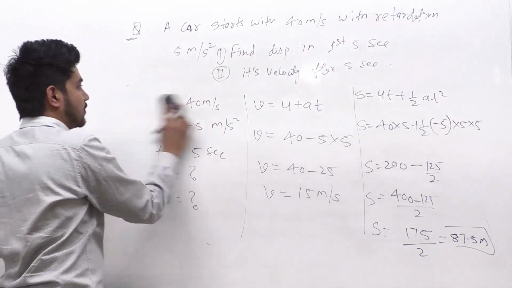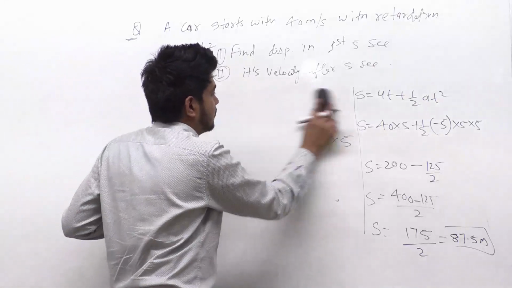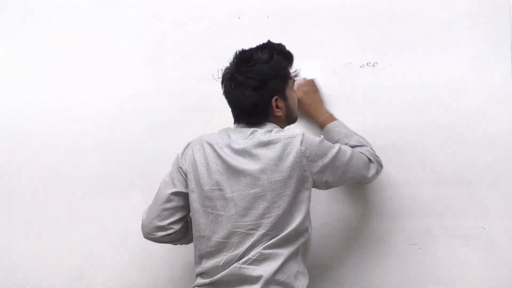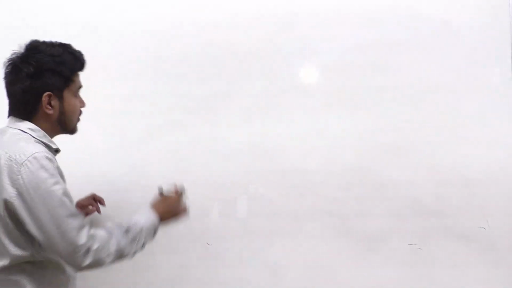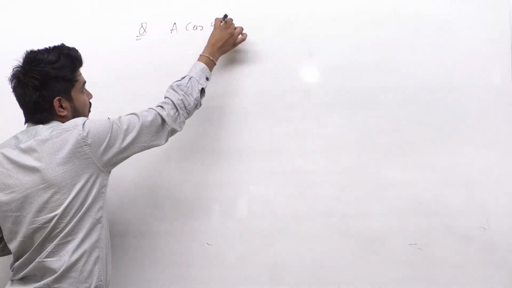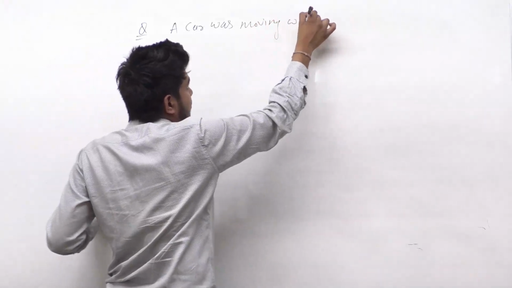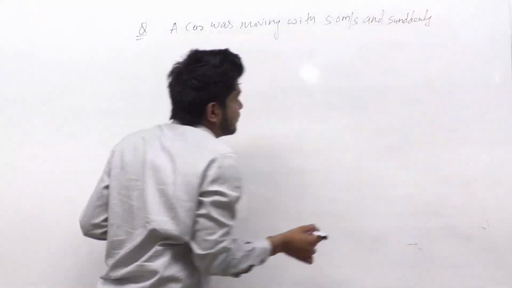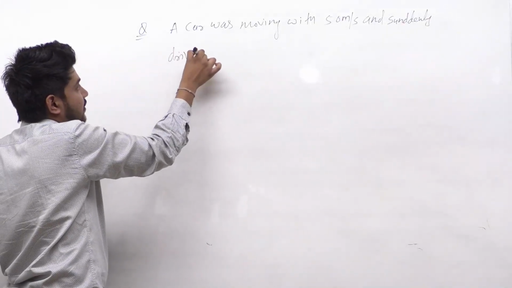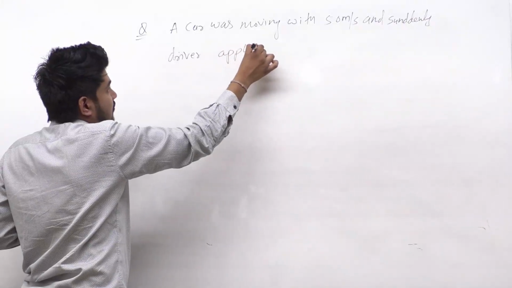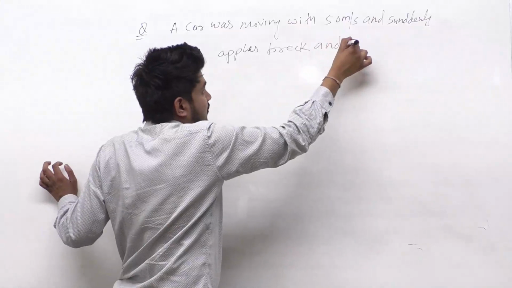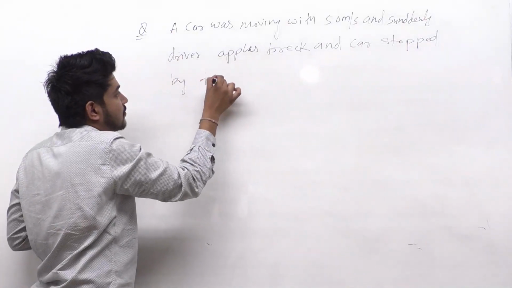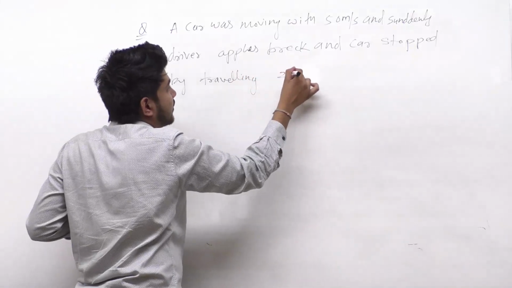Can I erase this? Okay. So this time the question is, a car was moving with 50 meter per second and suddenly the driver applies brake and the car stopped by traveling 20 meter.